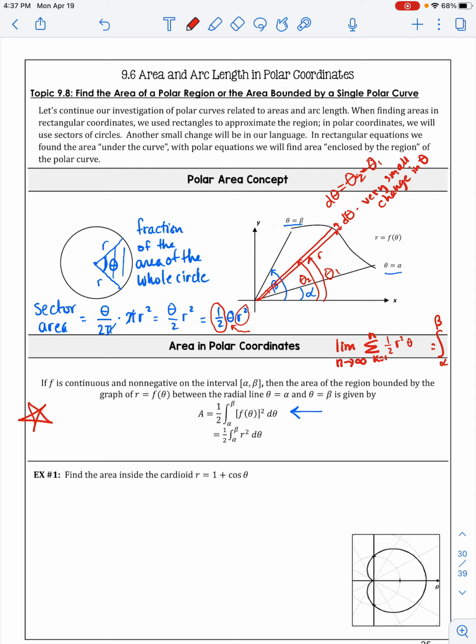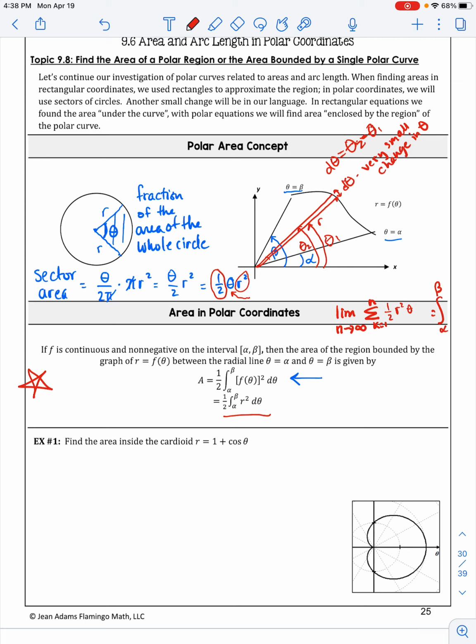That's our small change in theta, and we basically add those up. Like I said, f of theta is your r, so there it is right there, also written like that.